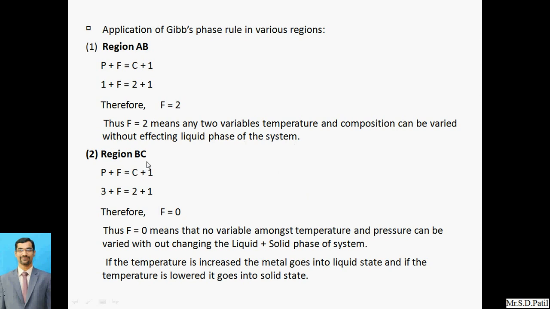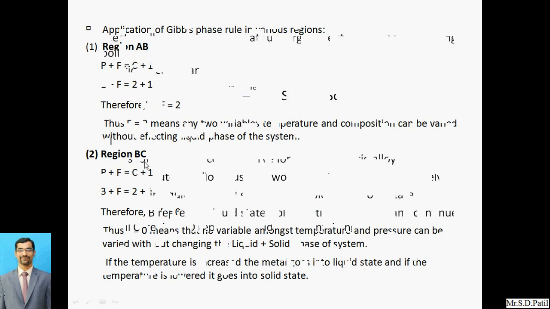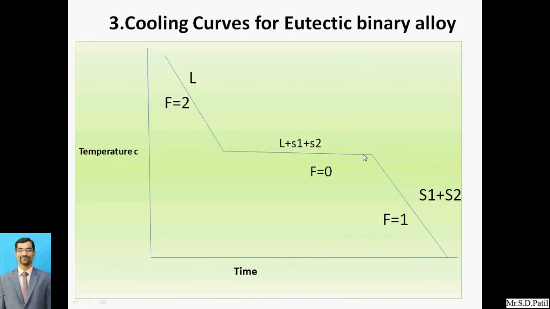Now, can you apply it? This is for the region BC. For the region B to C, there are three phases. Why 3? Don't take only 2 phases, because the solid phase is achieved in 2 different parts, and that's why the total number of phases is 3 in this region.